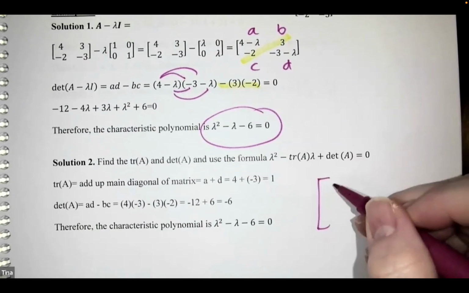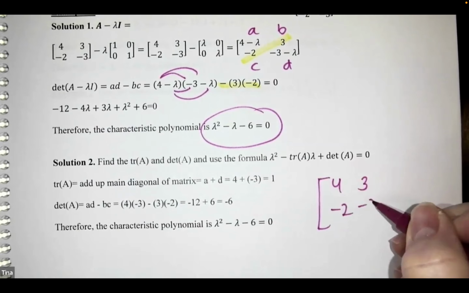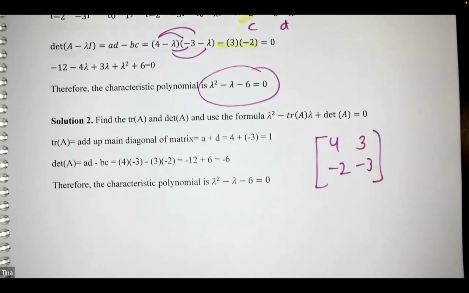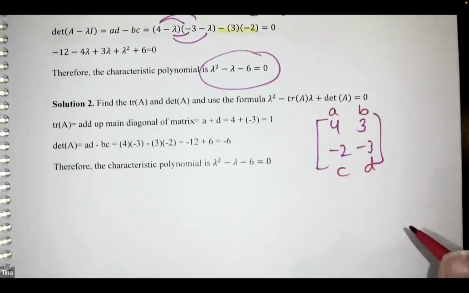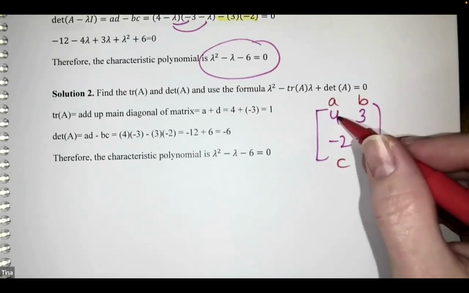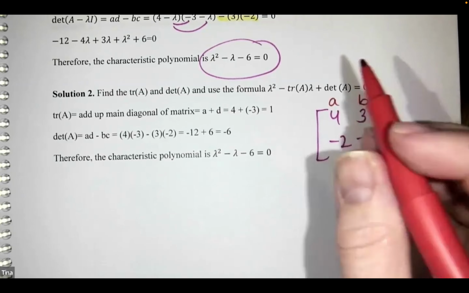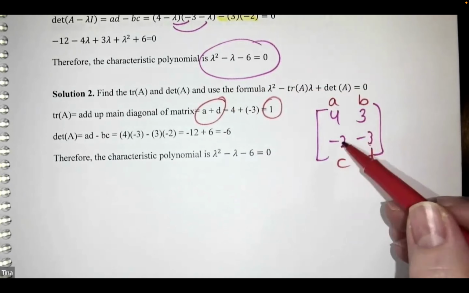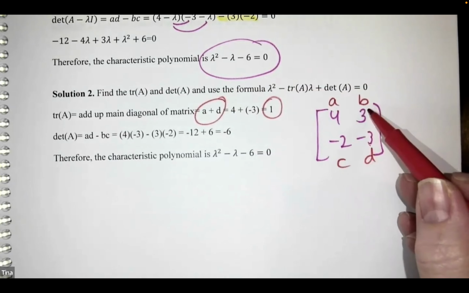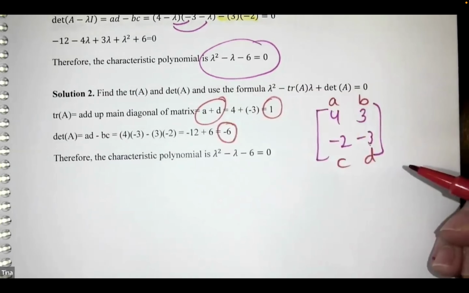So another way to do it for this matrix, if you want something that's a lot quicker, is A, B, C, D here. So the trace is we just add 4 plus negative 3. That's 1. The determinant AD minus BC is negative 12 plus 6, which is negative 6.